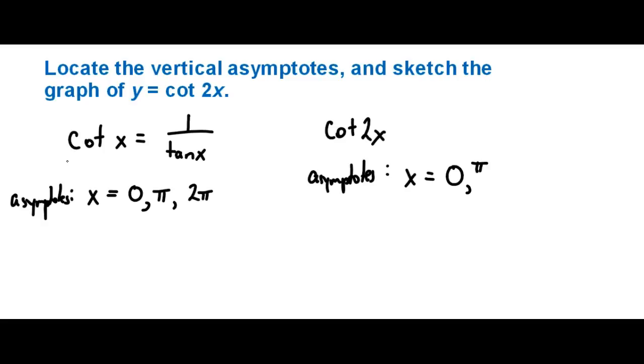And then you're also going to have pi over 2, pi, 3 pi over 2, etc.